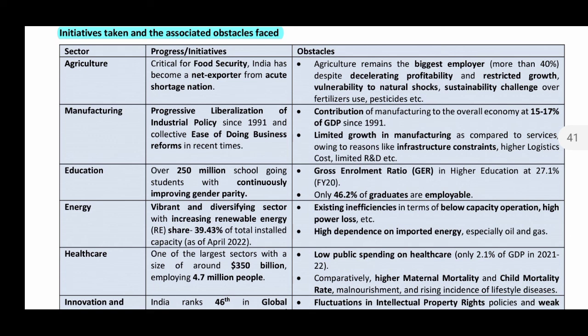an acute shortage nation. It means that right now agriculture in our country has done a good job, in which net exports are currently in bulk, and what agriculture produces is sufficient for the country's demand, and it also exports a bulk amount of agricultural produce to other countries.